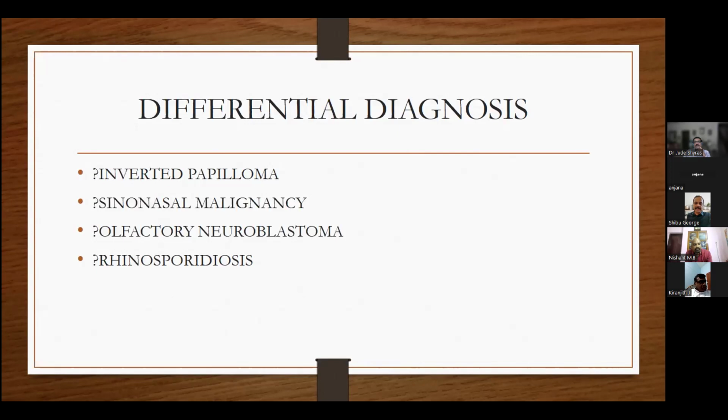Suppose you are suspecting granulomatous disease. What is the precaution you should take on biopsy? Granulomatous diseases like Wegener's granulomatosis. What precautions should you take during biopsy? What is the pathology involved? In the majority of them, there is vasculitis, which means inflammation of the blood vessels.